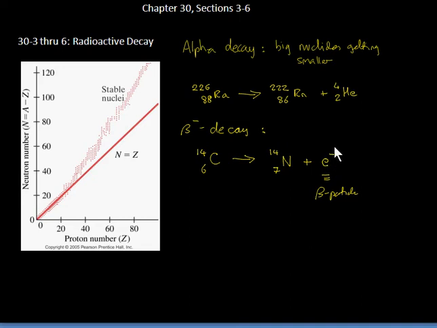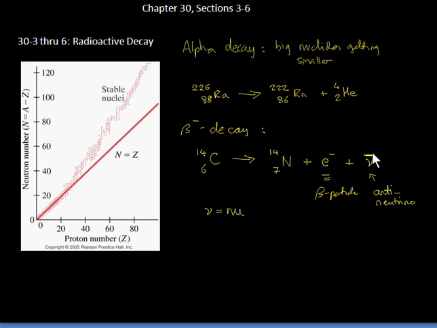Now, in addition to the electron, we also get an anti-neutrino. This symbol here is the Greek letter nu, which signifies a neutrino. It's the Greek equivalent of the letter N, standing for neutrino, and the bar across the top signifies it's an antiparticle, an antineutrino.